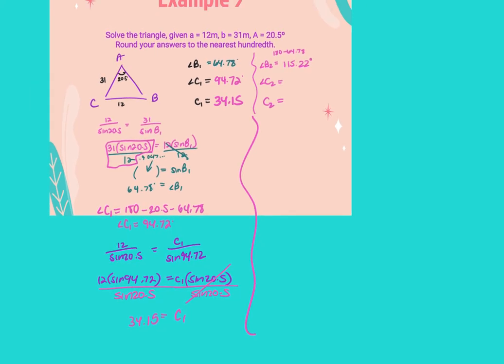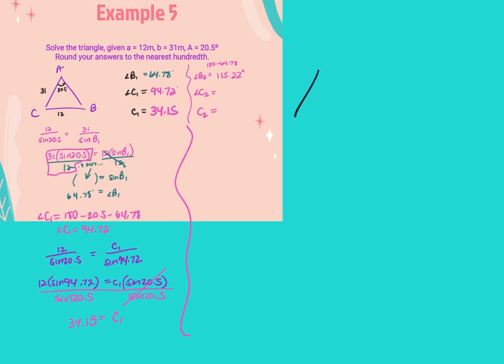If you want to redraw triangle 2, you totally can with the original information that's given to you, because that's true for both. So this is 20.5 degrees. Side A is 12. Side B is 31. And then we found angle B2, so these would be 2's, which is 115.22.